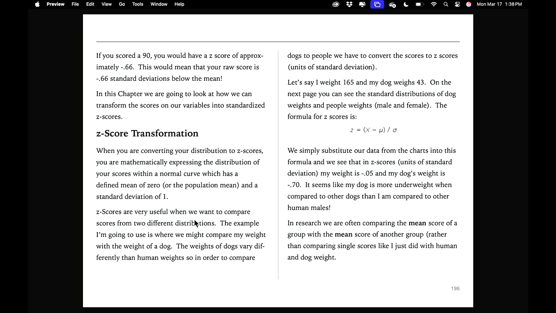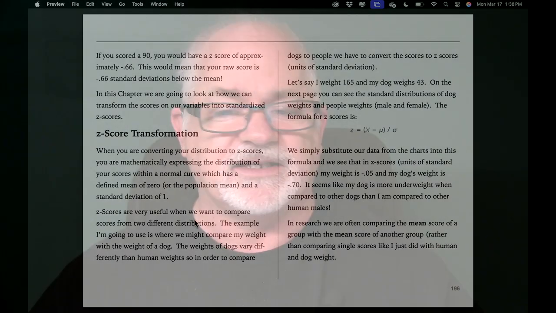Okay? So there's our formula. We have an x, and we know the mean and standard deviation of the distribution from the standardization process of the test. That means I can take my score, put it into that formula, and solve for z, which is going to be that score in units of standard deviation.